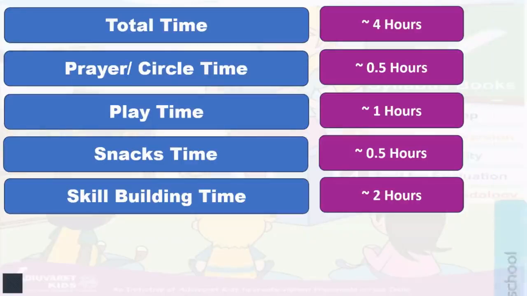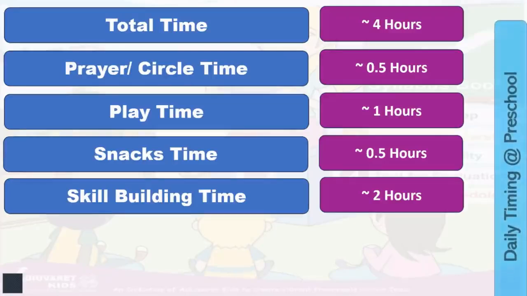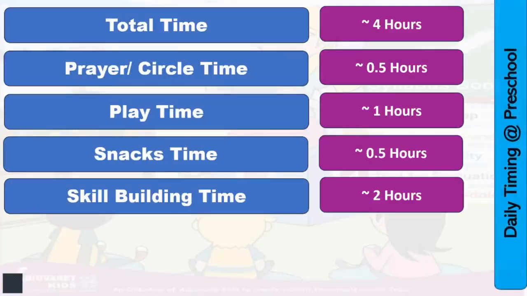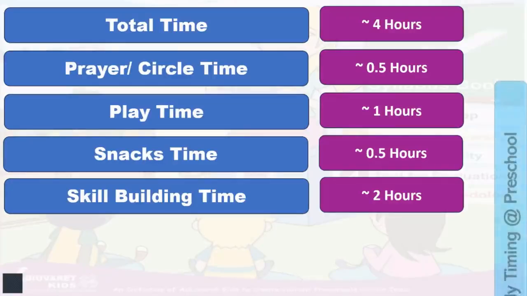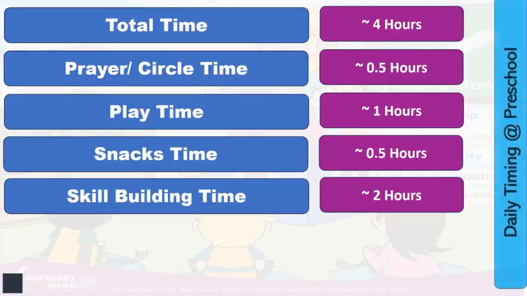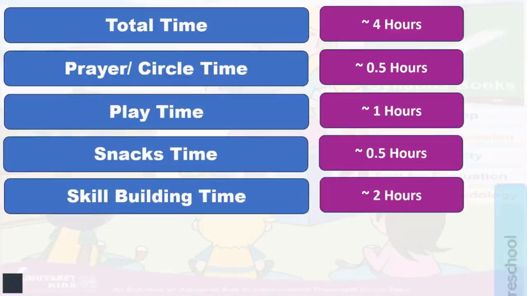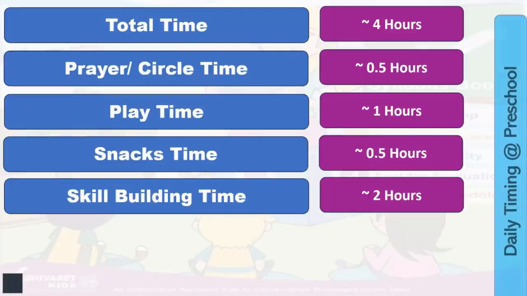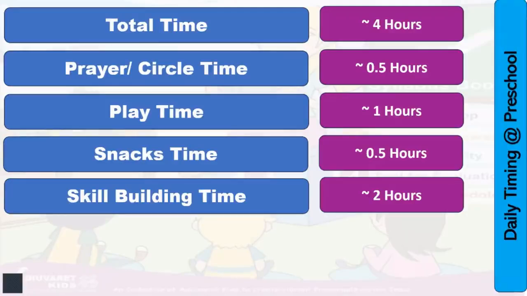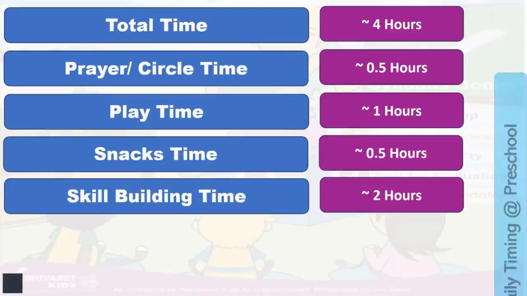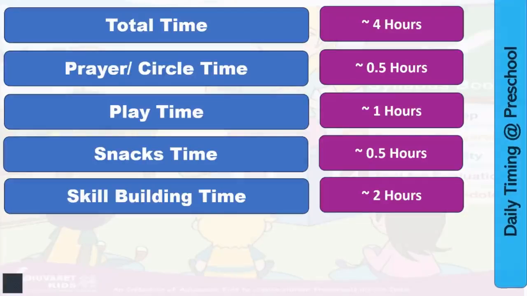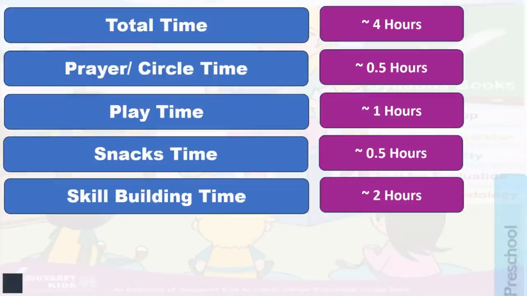First, we need to remove some of the time which the children need to spend on enjoyment. They need that time for play and other things which make them feel happy.